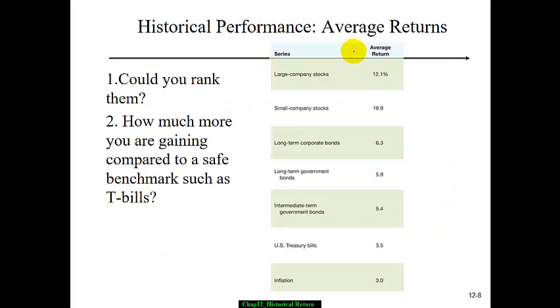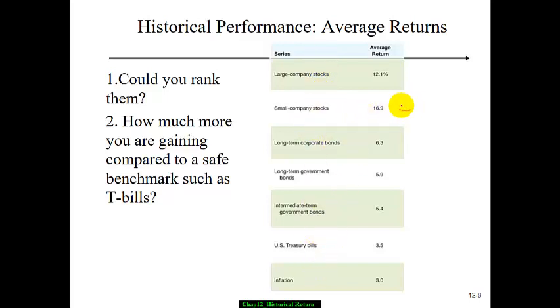Now, after we learned the return measure, let's go back and take a look at historical performance of the 7 categories. With the data computed from the past 9 decades, the average annual returns are as follows. Let's see which one is the top winner.